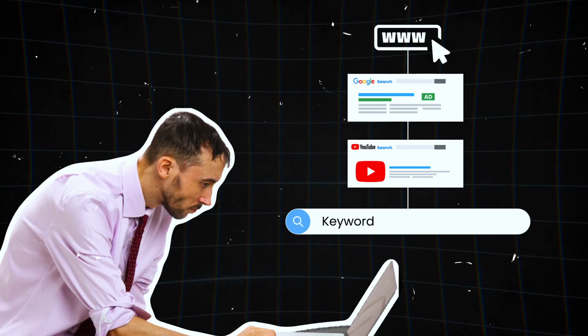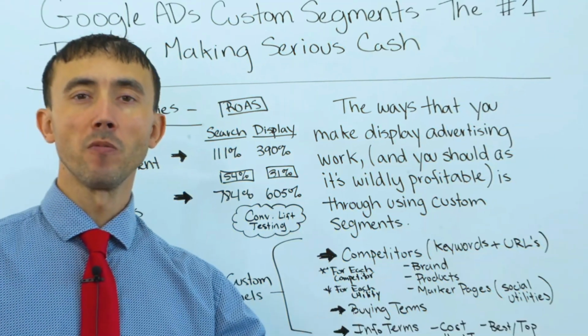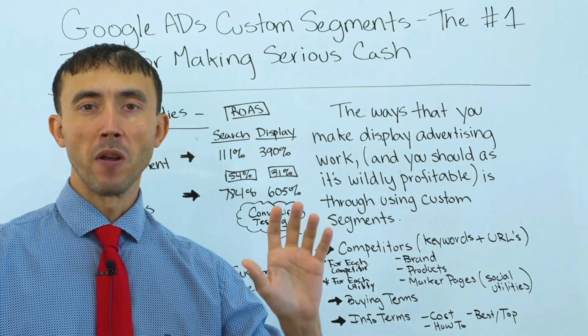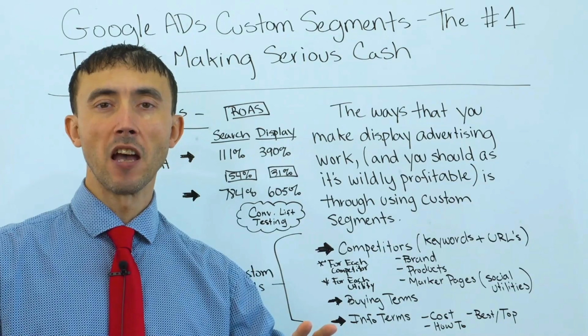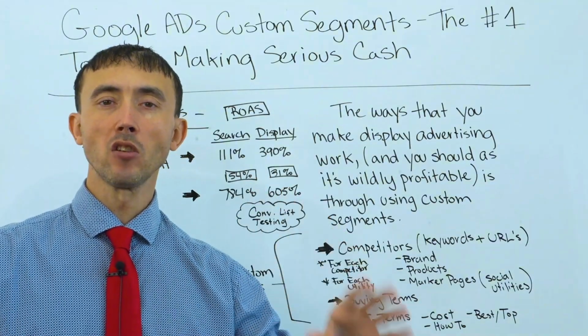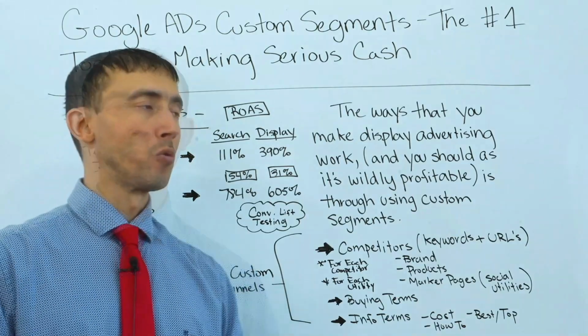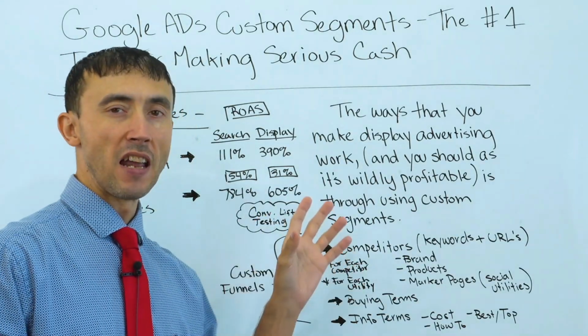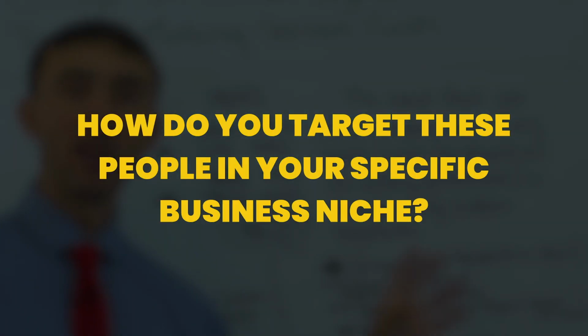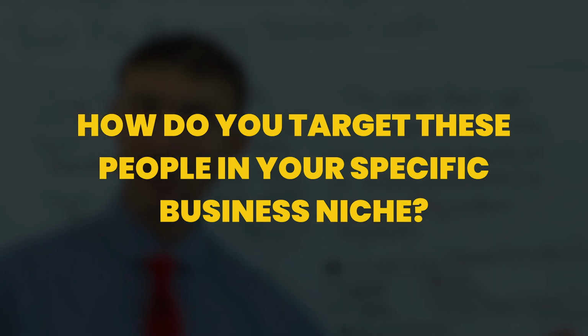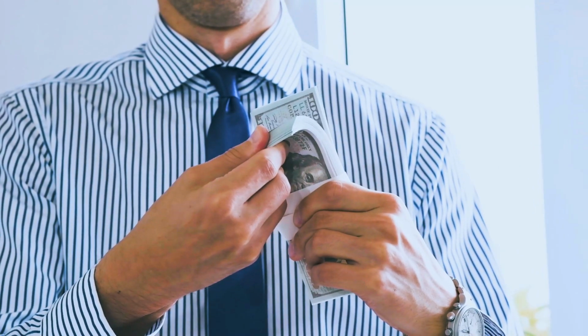That's what these custom segments are. That's all fine and dandy, but if you do not know how to target them, or what to target them with, this is a pointless tool. It's not going to make you any money. So what I'm going to do is explain how you target these people in your specific business niche, so you can make the big money that you can make with it.